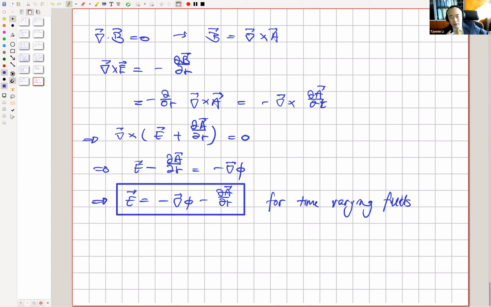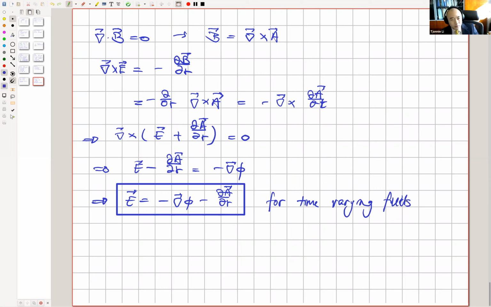We remember the set of equations that govern the scalar potential and the vector potential. Anyone?